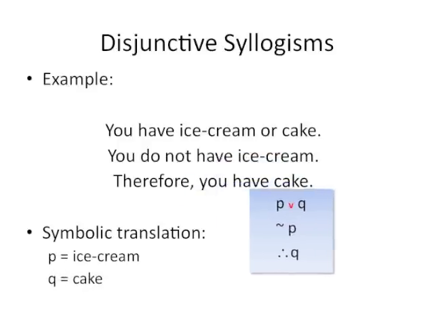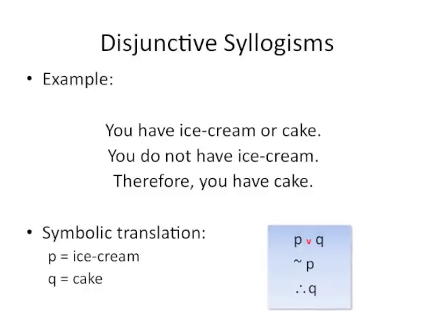We have P or Q, and then the next line, where it says we do not have ice cream, well, we put the little tilde mark in front of the P. This represents a not. So we have P or Q in line 1, not P in line 2. Therefore, right, so we use the mathematical therefore sign, Q. All right, so you have ice cream or cake, you do not have ice cream, therefore you have cake. P or Q, not P, therefore Q.